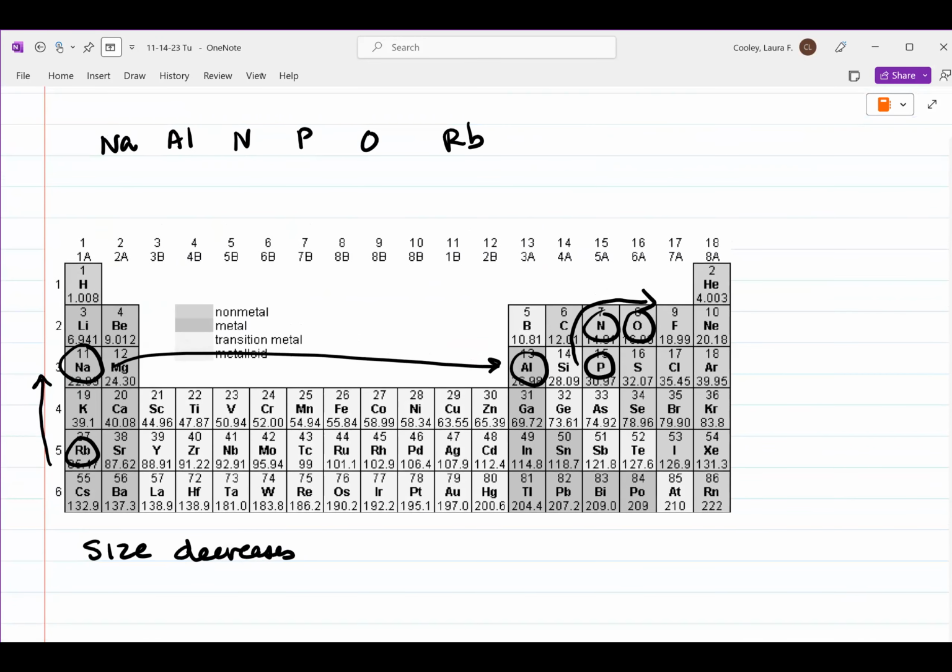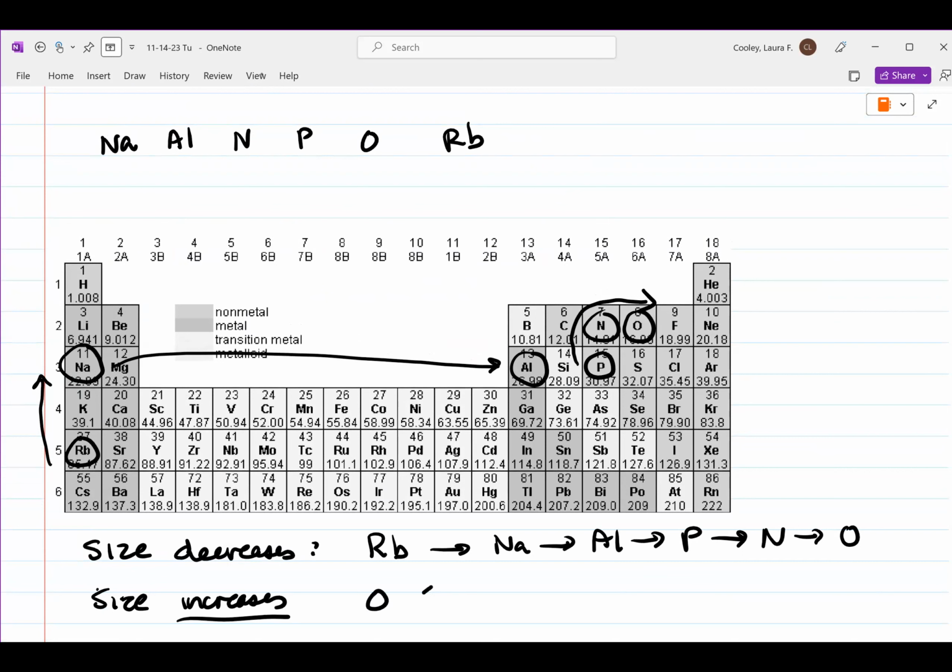So that means size decreases from rubidium to sodium to aluminum to phosphorus to nitrogen to oxygen. So that means that size increases in the opposite order. So oxygen will be smaller than nitrogen, which would be smaller than phosphorus.